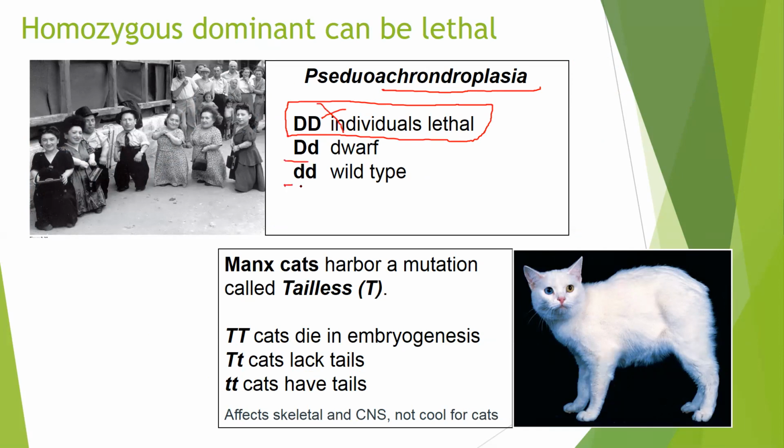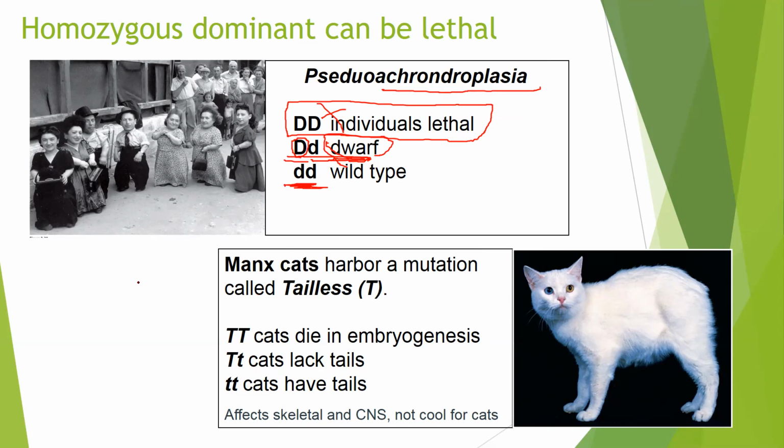You only see two genotypes in the population. This is the dominant allele. If you see the heterozygous, you're going to see the dwarf phenotype, and the wild type, the normal stature, is carrying the homozygous recessive genotype.